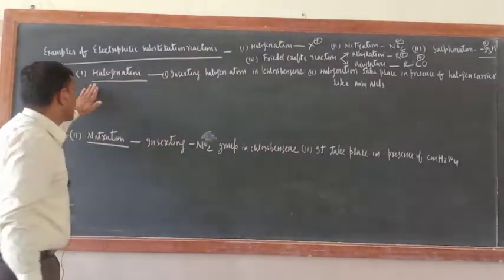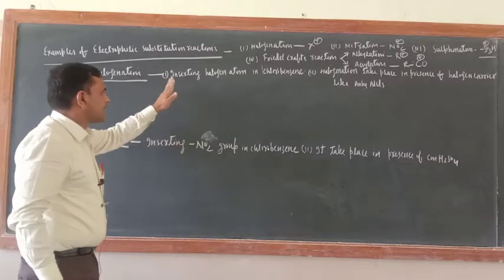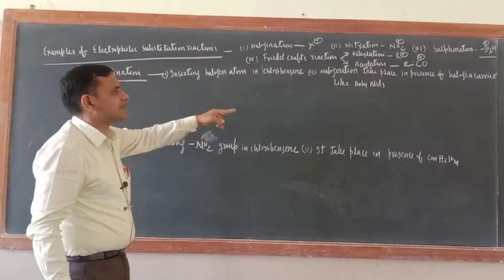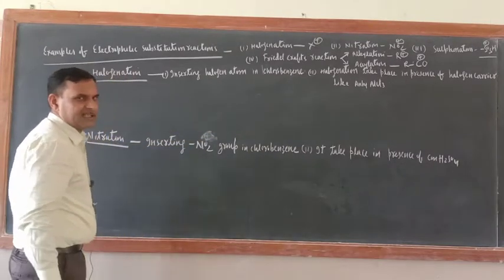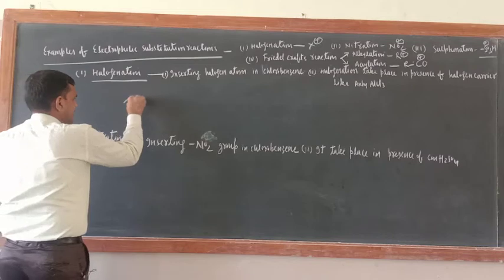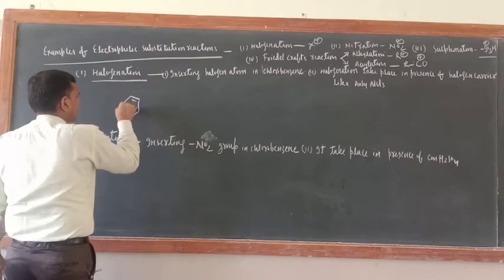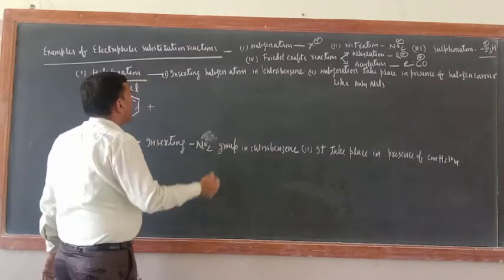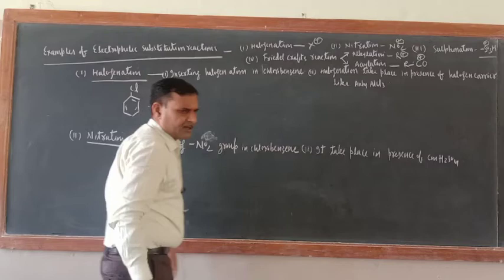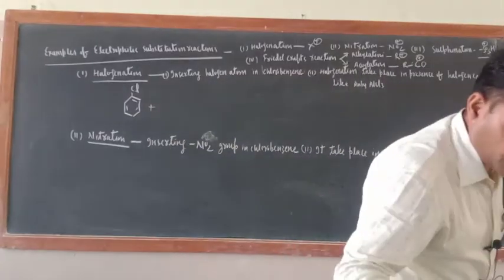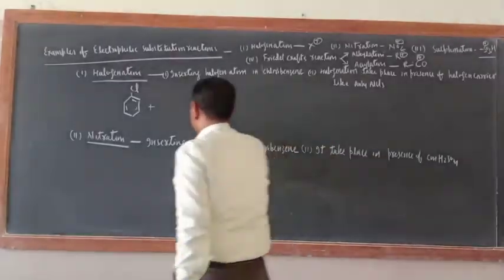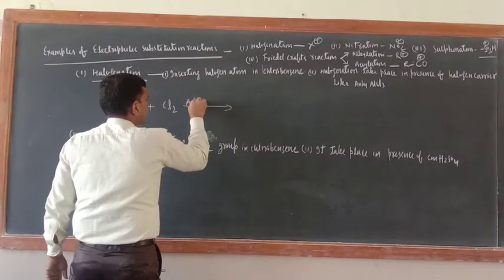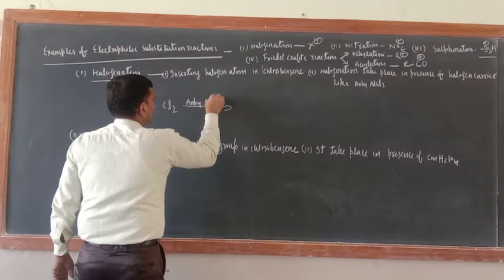So the first one is halogenation. Halogenation means inserting a halogen atom in chlorobenzene. Halogenation takes place in the presence of a halogen carrier like anhydrous AlCl3. So take chlorobenzene, and its reaction with Cl2 in the presence of anhydrous AlCl3.